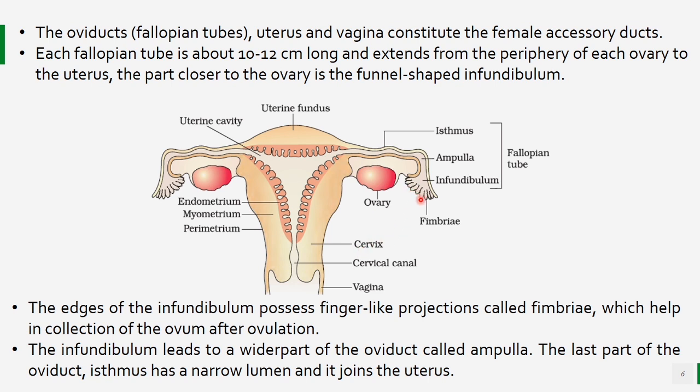The infundibulum leads to a wider part of the oviduct, known as the ampulla, and the last part of the oviduct is known as the isthmus. It has a narrow lumen and it joins the uterus.